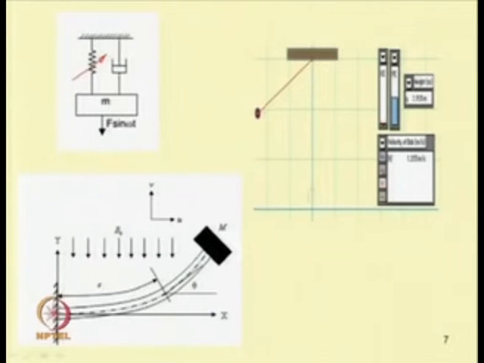So, kinetic energy becomes maximum here, and then it goes on reducing. So, the velocity becomes 0 here. So, one can see the velocity at a different position.